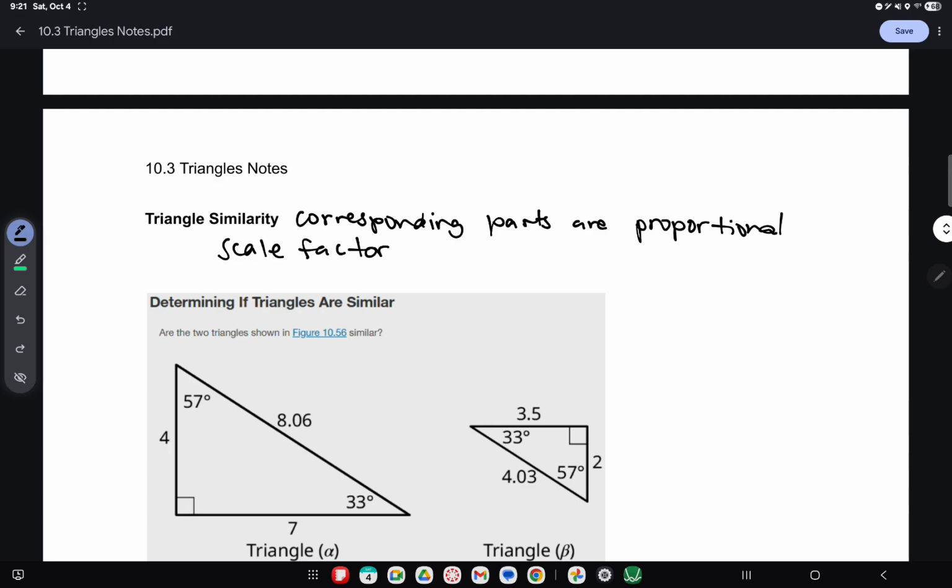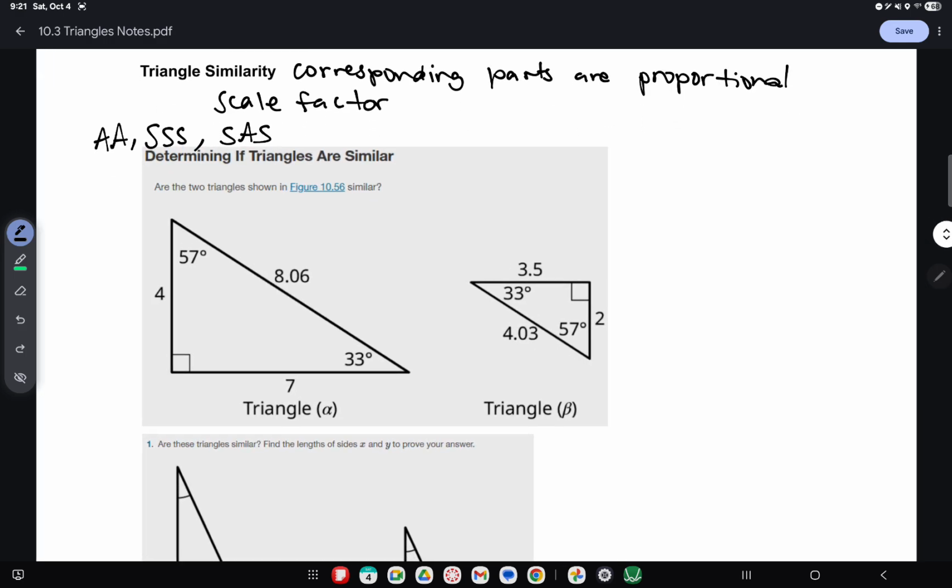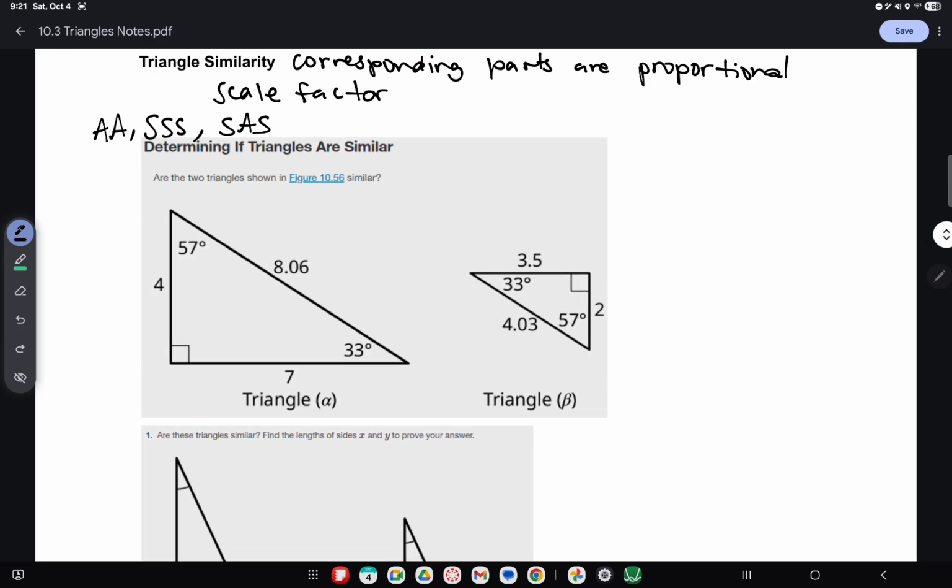And the little letters, like the side angle, side angle type thing that we have for if these triangles are similar, we have angle, angle. We have side, side, side, or side, angle, side for the similarity ones. So determine if these triangles are similar.